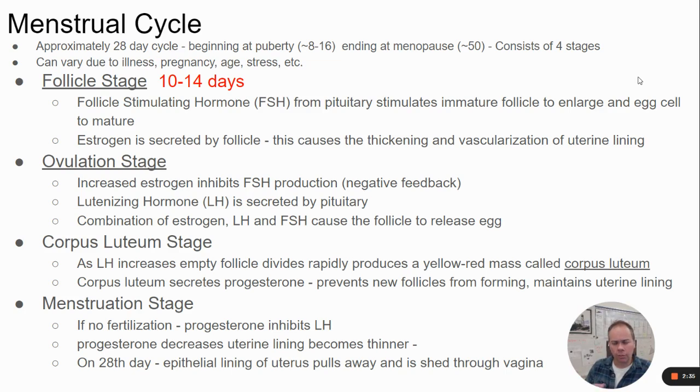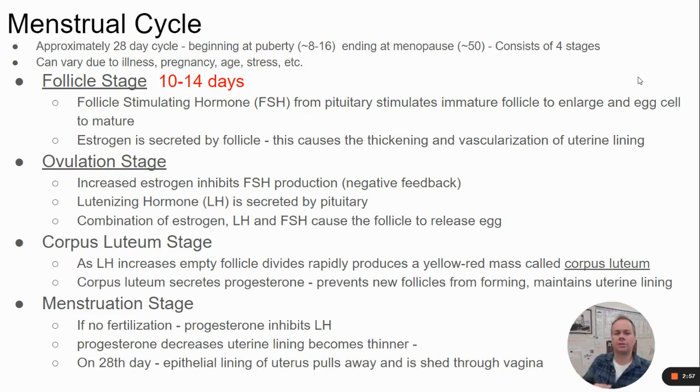What happens is a follicle, which is a little cavity within the ovary that contains the immature eggs, is triggered by follicle stimulating hormone to start to mature. It grows larger, and the egg cell inside of it begins to mature as well.